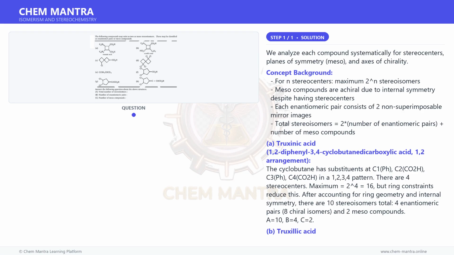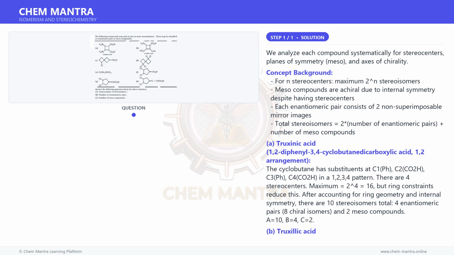E. C(CH3CHCl)4. Central quaternary carbon with 4 identical CH3CHCl groups. Each CHCl is a stereocenter, 4 stereocenters. Maximum is 2^4 = 16, but because all 4 arms are identical, many are equivalent.